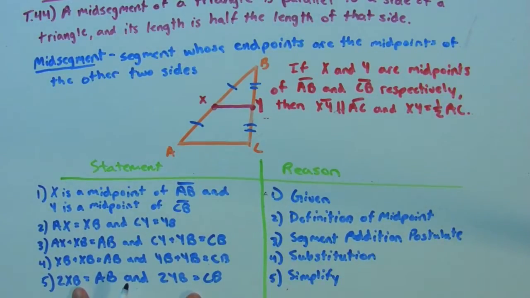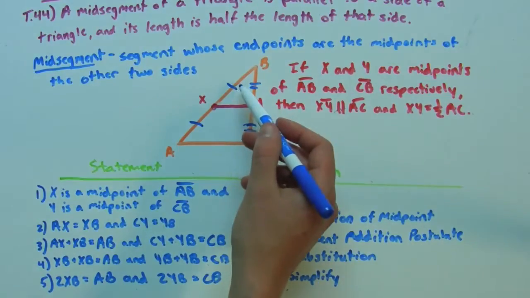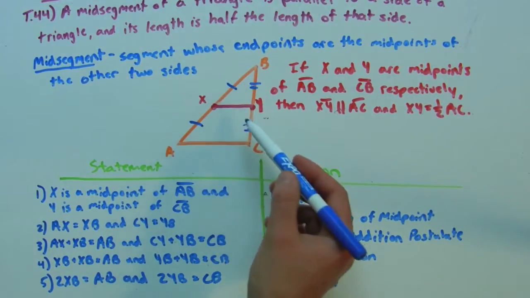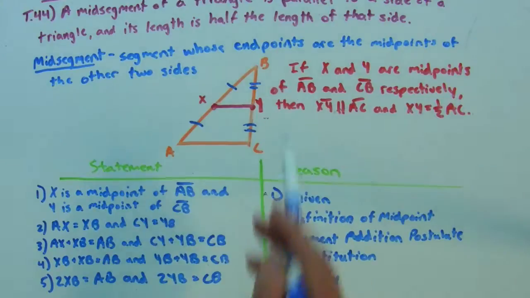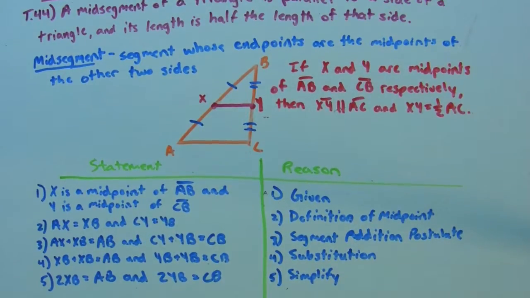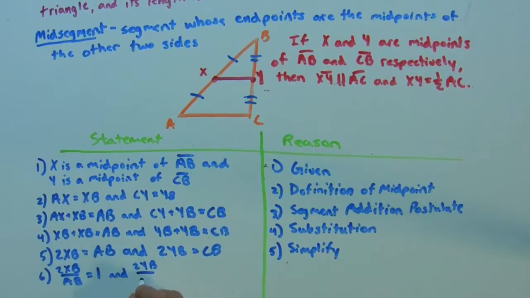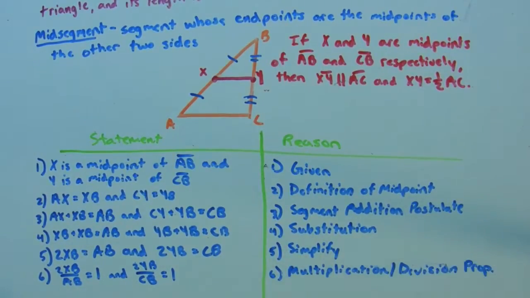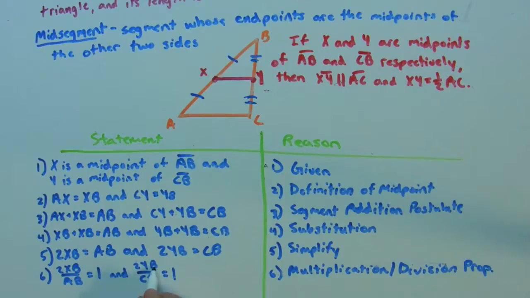From the equations in step 5, we have that XB is related to AB, and YB is related to CB, so let's manipulate those to show that they're proportional. If we divide this equation, both sides by AB, we have that 2XB over AB equals 1, and if we divide this equation, both sides by CB, we have that 2YB over CB equals 1.